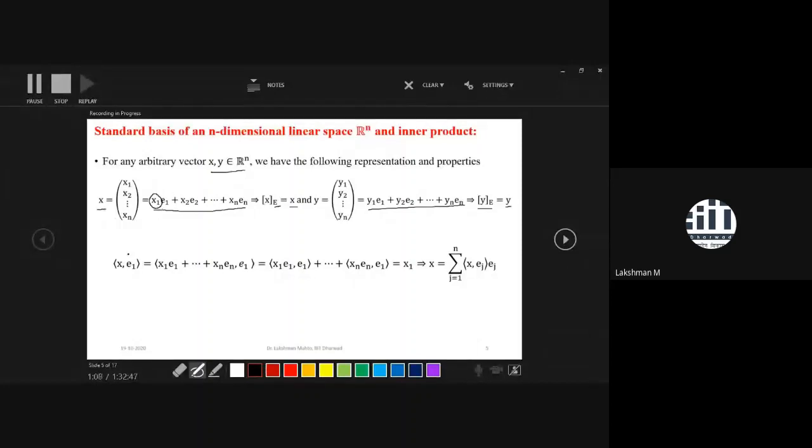Now, what is the meaning of this coefficient, and how can you directly calculate it? Take x and take any basis element, E1, E2, whatever you want. For simplicity, I have taken E1. So take the inner product of x with E1. Write x in terms of basis vectors and take the inner product with E1.